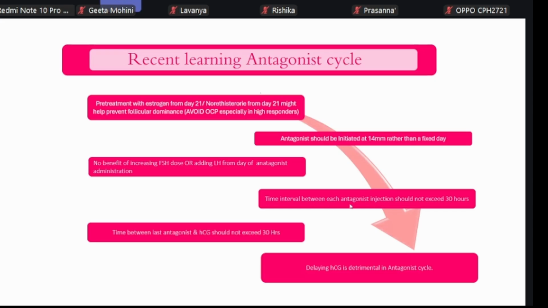The time interval between each antagonist injection should not exceed 30 hours, and the time between the last dose of antagonist and giving the HCG trigger should not exceed 30 hours.